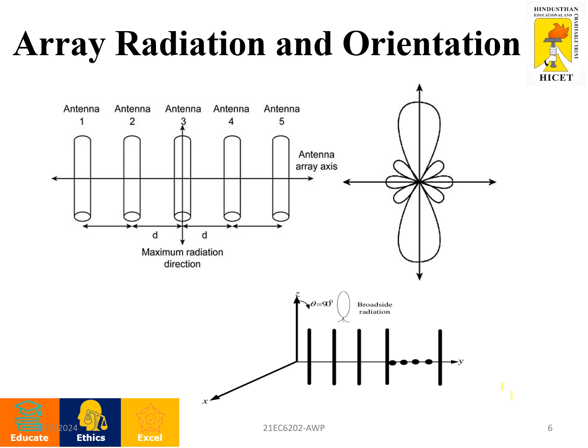In this second image, we can see the radiation pattern of the broadside array. The main beam or major lobe is along the y-axis and the minor lobes or side lobes are along the x-axis. So this is the radiation pattern of the broadside array.